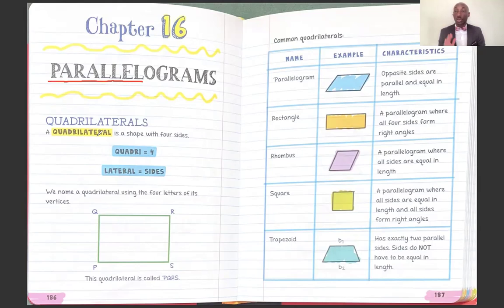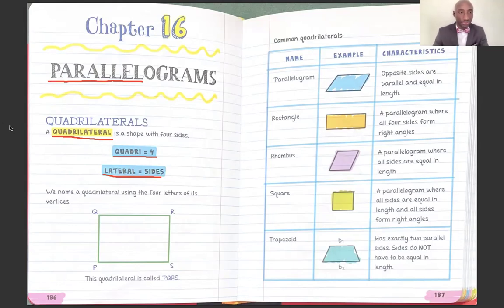Quadri or quad means four, lateral means sides. There could be other types of laterals or shapes, and depending on the prefix, it will tell you how many sides.